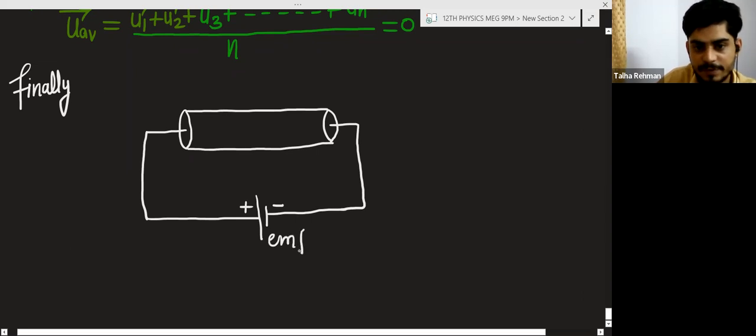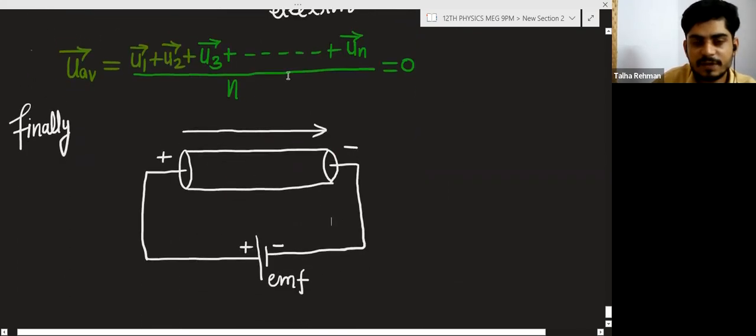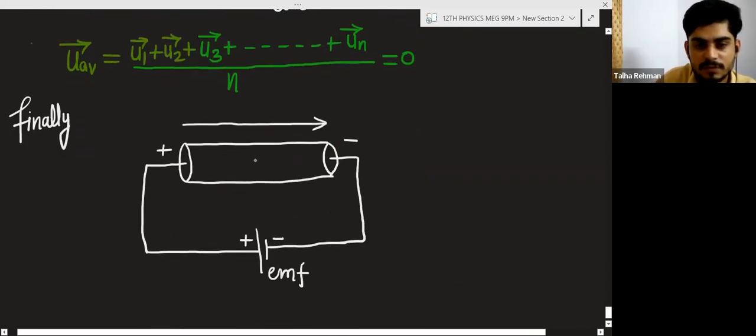This is the EMF of the battery. Now the electric field will be produced due to this battery in this direction. The direction of the electric field is from positive to negative. And we have electrons inside the conductor, and these electrons will experience a force in the opposite direction of the electric field.